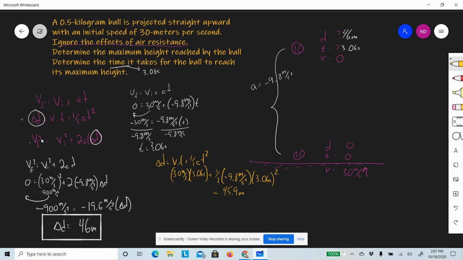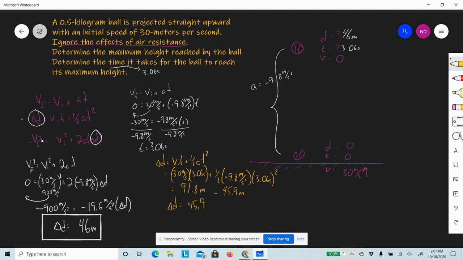30 times 3.06 is 91.8 meters. Let's see what we get. 91.8 minus 45.9 gives us, oh, did I do that right? 91.8 minus 45.9 equals 45.9.